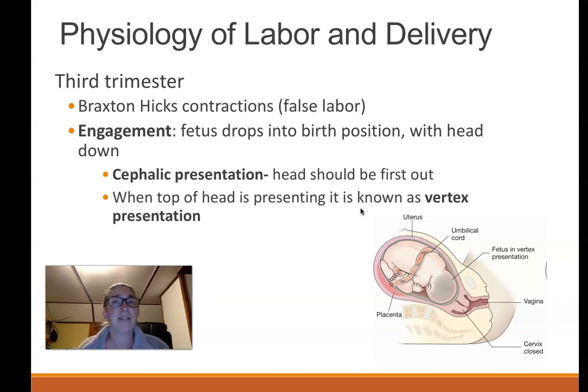Sometimes they're called false labor. Most women who experience them, they're painless contractions. They just feel like little, painless muscle spasms kind of. But in some women, they can actually be very painful. But it's basically the uterus preparing, contracting, and exercising itself to prepare for labor contractions.